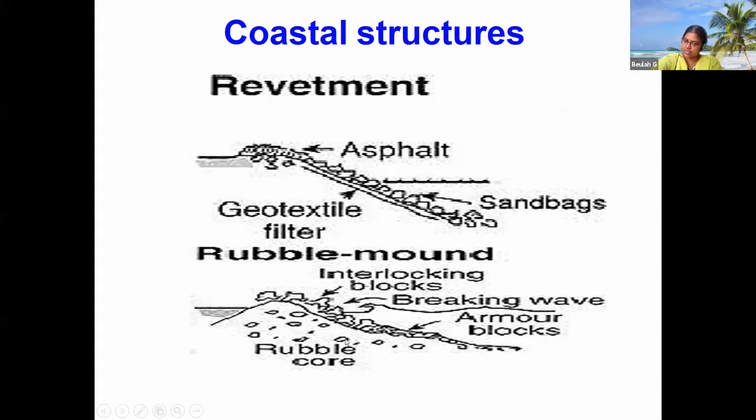The armor blocks are in a position to reduce the energy of the wave currents by breaking them using the interlocking blocks. So these are the two different types of revetments normally applicable to protect the coastal regions from the oceanic wave currents.